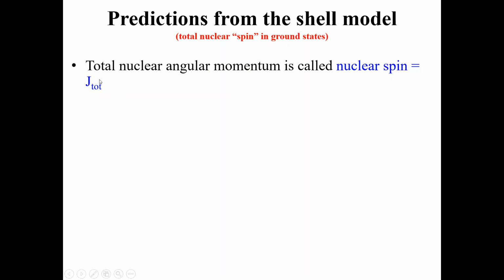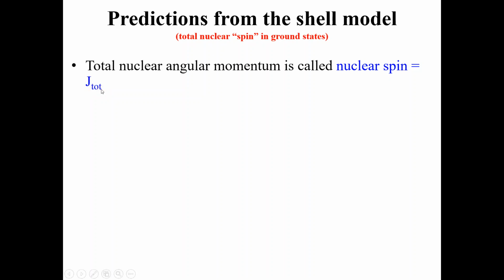So what we can predict from the shell model is the total nuclear spin in the ground states. The total nuclear angular momentum is called the nuclear spin, and we denote it by J with the subscript TOT.